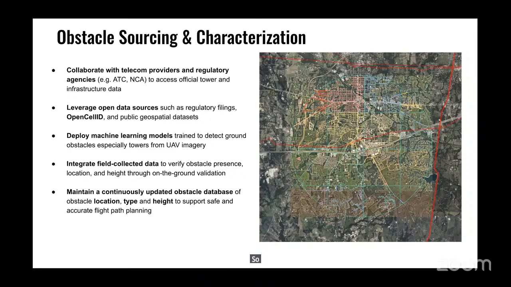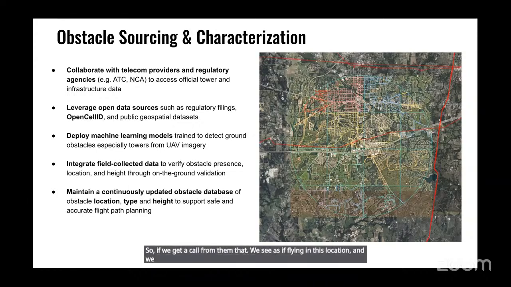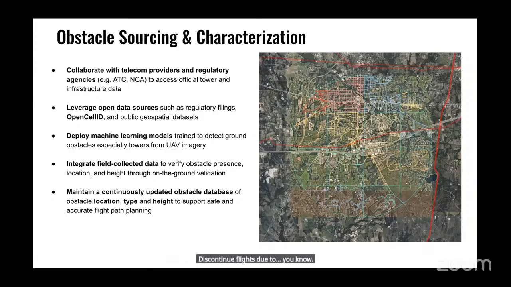If we get a call from them saying we want you to discontinue flight due to a very specific situation, we can hold the Zip. Even though the drone is autonomous, the controller at the nest has a bunch of options on his control, so he can issue an anytime hold command to the Zip.